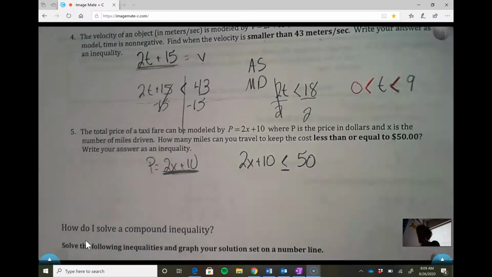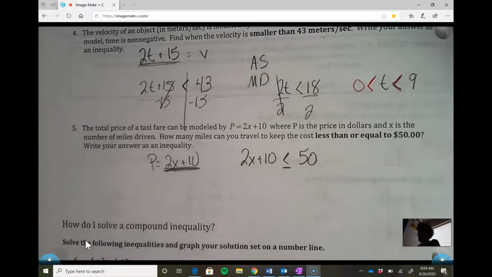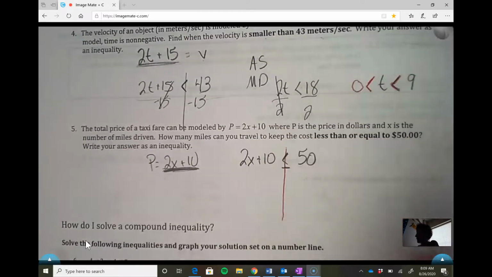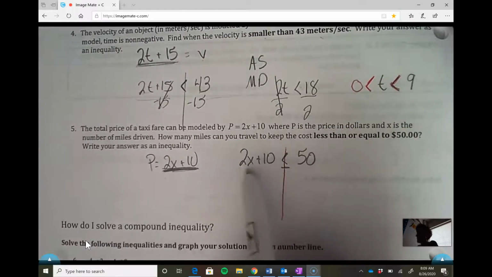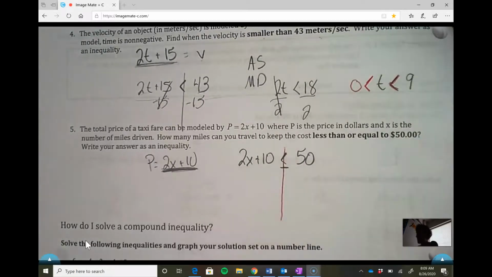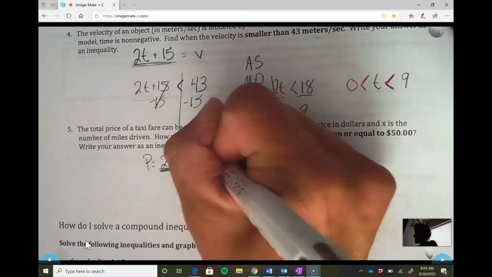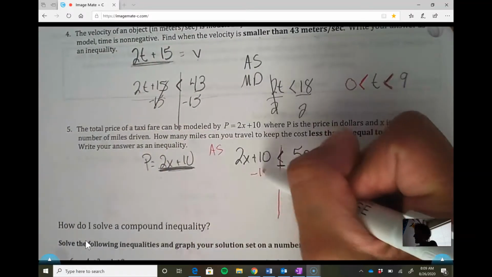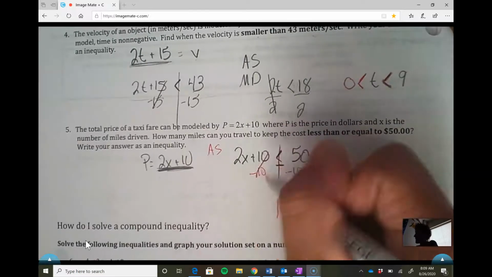And now we're ready to solve. So, let me draw my wall. Again, I look for that prep work, no parentheses, no combining like terms, and x is on one side. So, addition, subtraction, let's write that over here. I'm going to subtract 10, that cancels out.